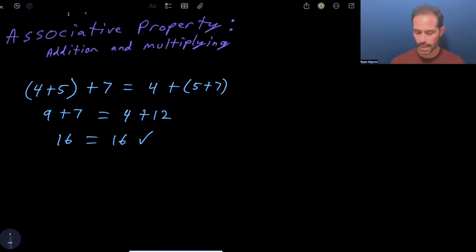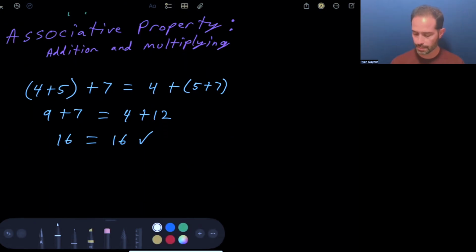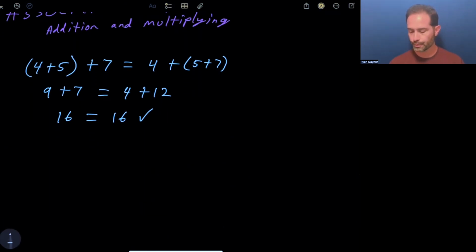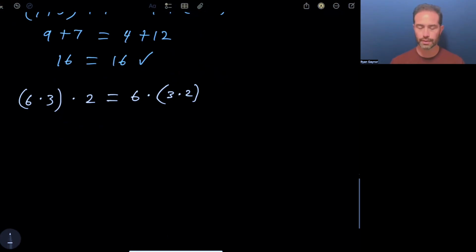Now, let's take a look at multiplication for associative property. So, if we have, let's say, 6 times 3 times 2, that's going to be the same as 6 times the group 3 times 2. Well, let's prove it. We're going to do the parentheses first.